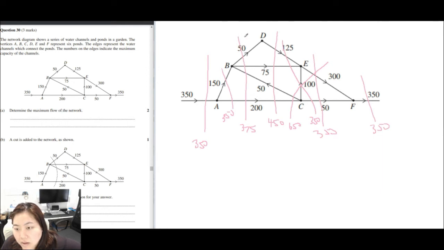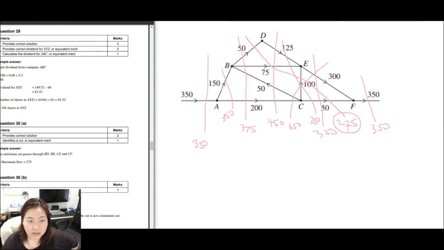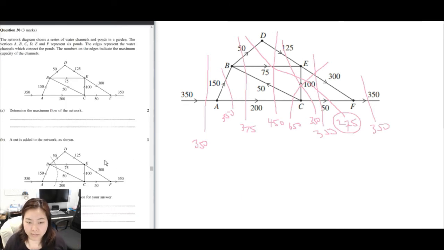That's way high. And I can do that, which is 100, 275. That would be a lot as well. Okay, seems like we have the winner at 275. So the maximum flow of this network is 275, yeah? Yeah, okay. Cool, I think I'm getting the hang of this.